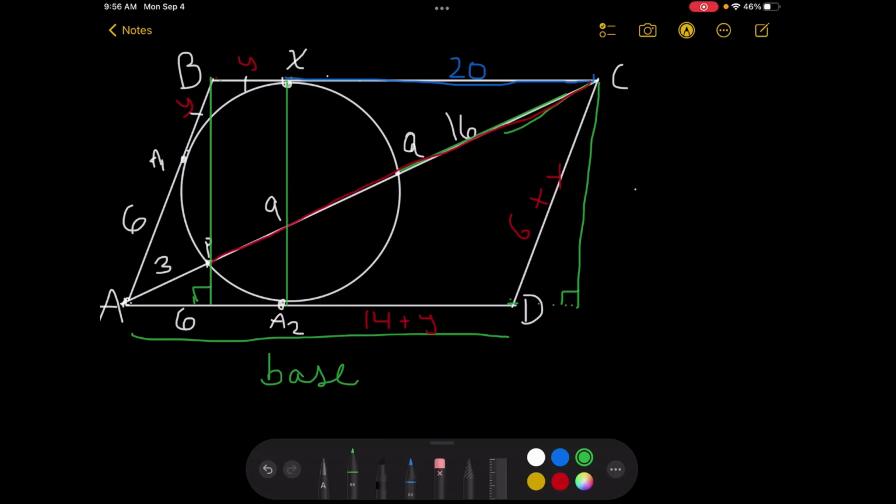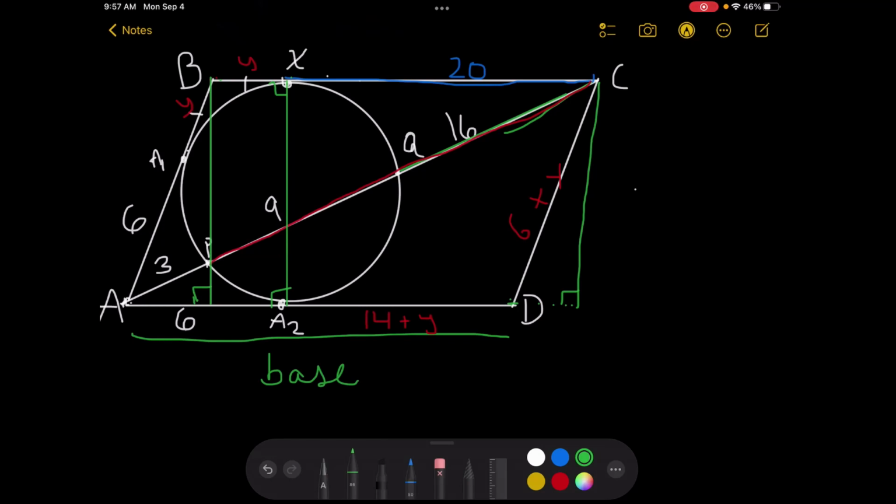And we know these will form 90-degree angles because the tangents of a circle form a 90-degree angle with a line that passes through the diameter of the circle, right, from tangent point to diameter. Always a right angle. So we know that works.